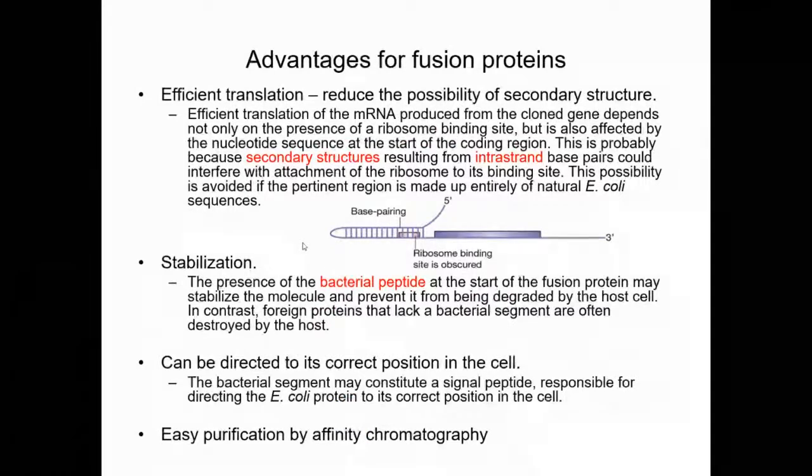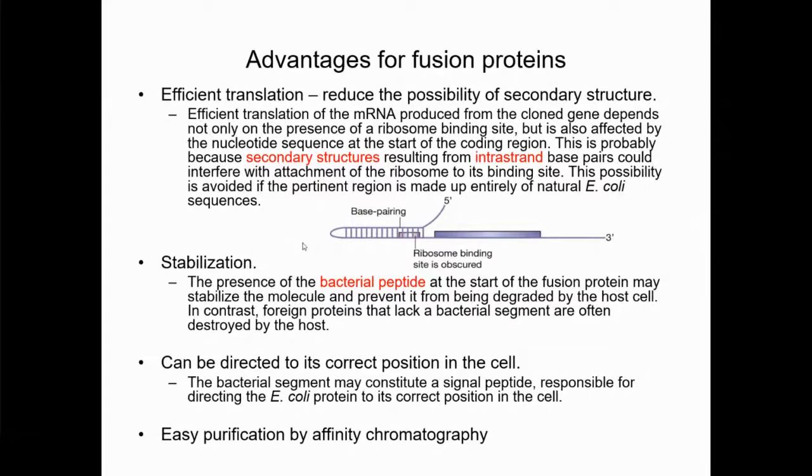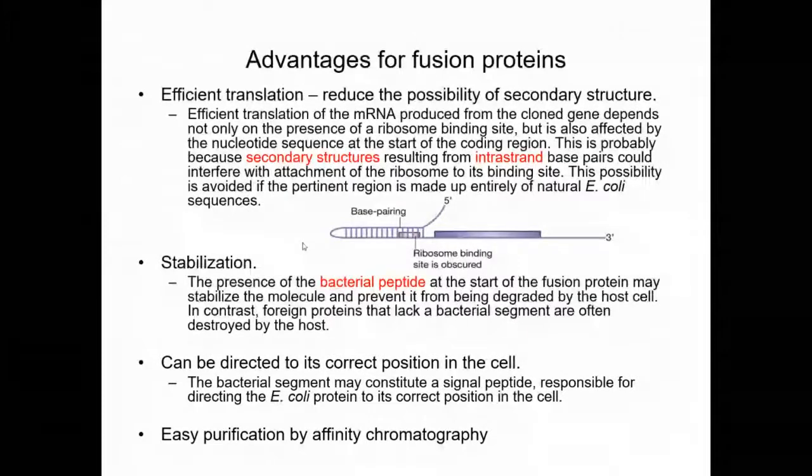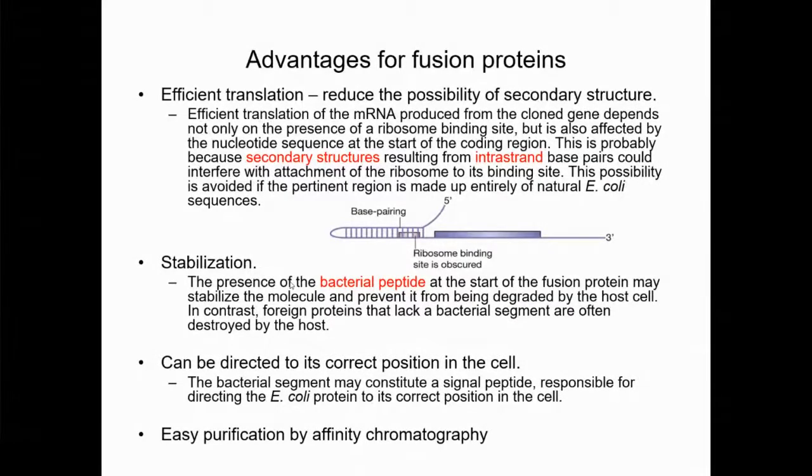The advantage of the fusion protein is efficient translation, because it reduces the possibility of secondary structure. Also, the presence of a bacterial peptide at the start of the fusion protein can stabilize the protein molecule so that it will not be degraded.